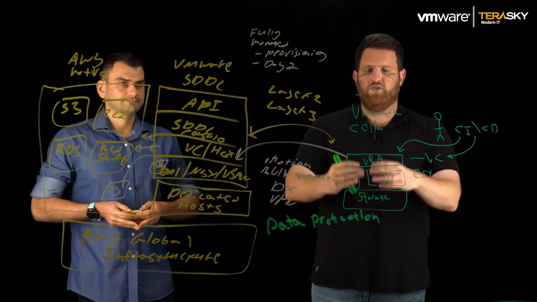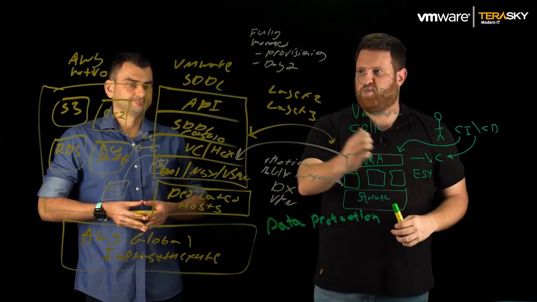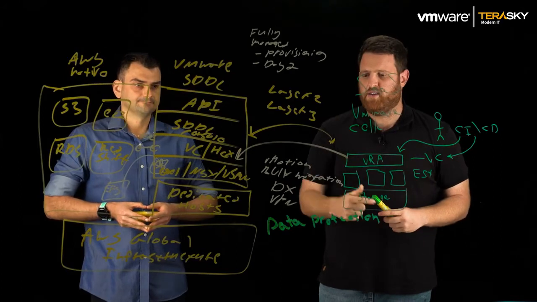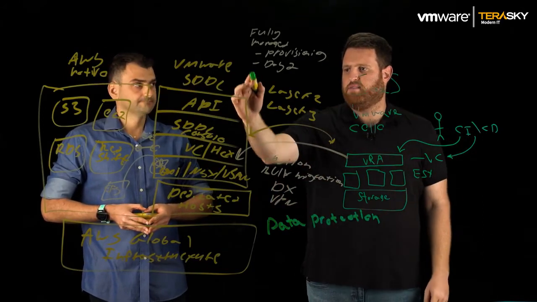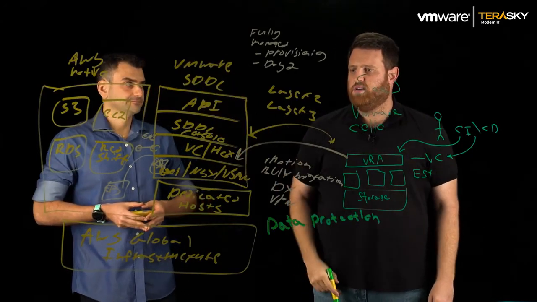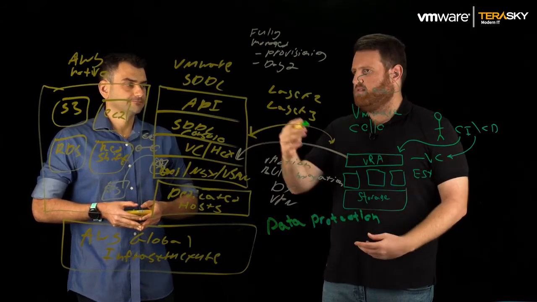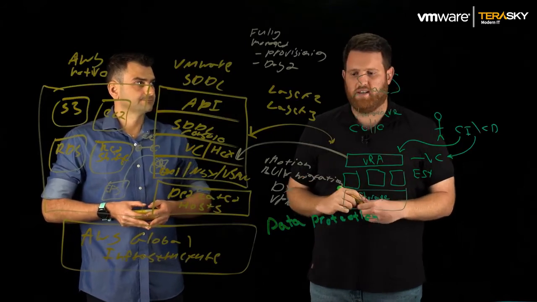You don't want to use the repository from the on-prem to take data from AWS back to your on-prem because you don't want to pay for egress traffic. So what you need to do is architect a full data protection solution in the cloud, which will leverage the technologies that AWS and VMware offer you in order to protect your data.